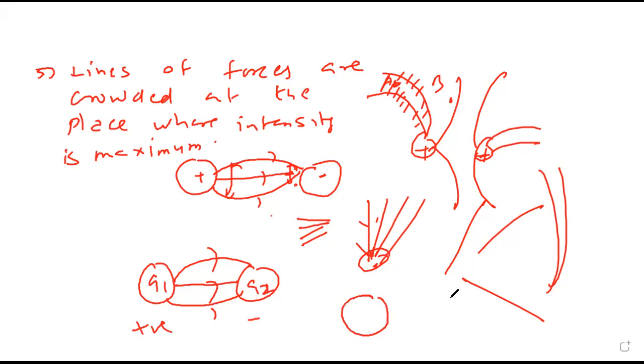But if they show it like this, Q1, Q2, now who is positive, who is negative? Again, Q1 is positive, Q2 is negative. But whose magnitude is more? Check the angle between these lines. Angle smaller, then larger magnitude. Okay?